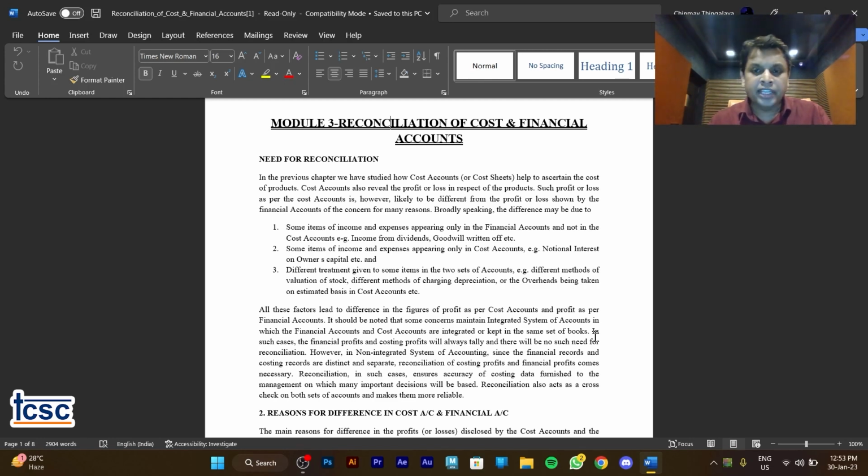But unfortunately, at the end of a specific period, when I compare cost accounting profit and financial accounting profit, they are not the same. Suppose cost accounting, meaning the cost sheet, is showing me a profit of 40,000, while financial accounting may show a profit of 60,000.